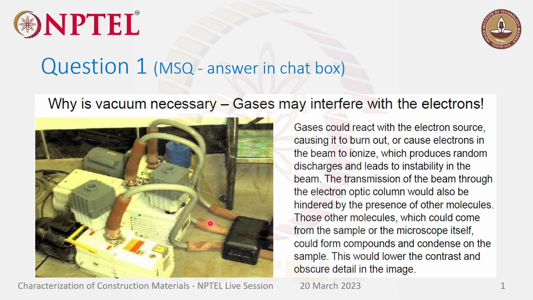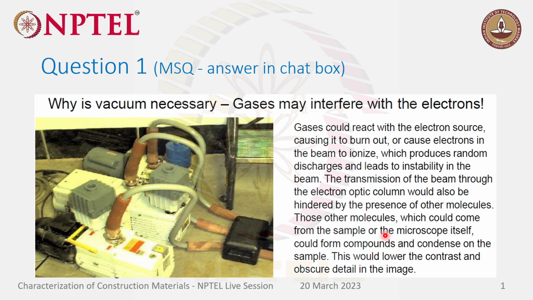So if there are some gases inside the column, they may interfere with the electrons, and the gases could react with the electrons and cause electrons in the beam to ionize. That is also possible, and the transmission of the beam will also be hindered, and overall it will affect the image also.